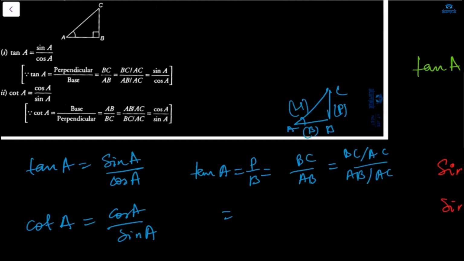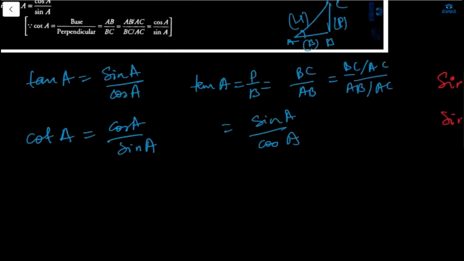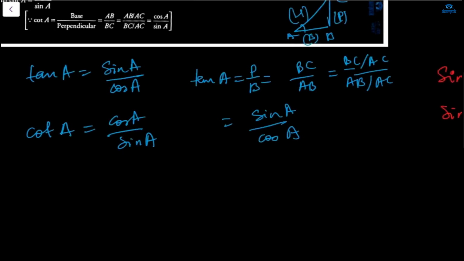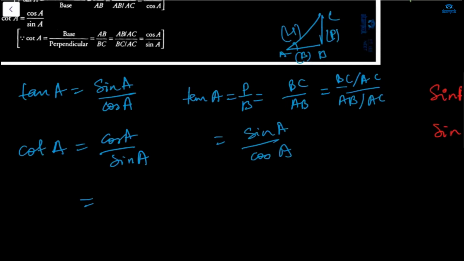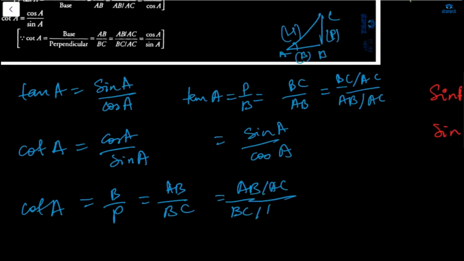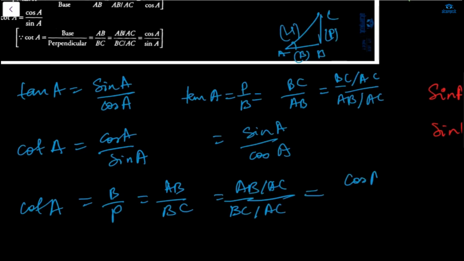So BC upon AC, where BC is perpendicular and AC is hypotenuse, will give you sin A upon cos A. The same thing is with cot A, which is cos A upon sin A. Let me write it. Cot A is equal to base upon perpendicular, so it is AB upon BC, and you can divide both by AC, which will become cos A upon sin A.